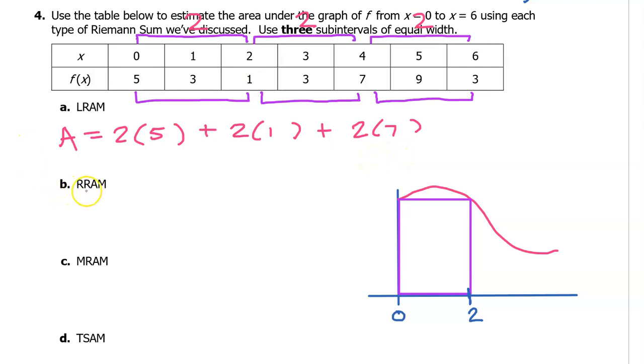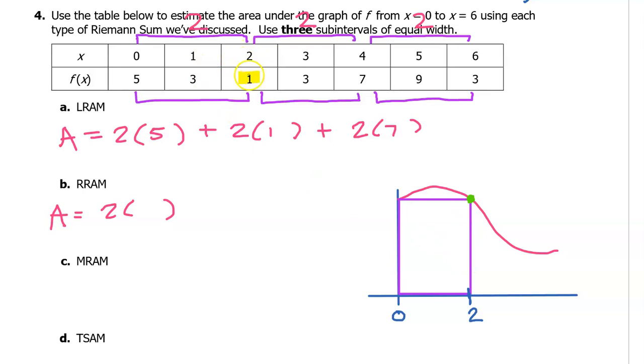What about right rectangle approximation method? Well, it's going to be the same thing. We're picturing a bunch of rectangles with base and height being the area. As we already discussed, the base of each rectangle is going to be 2. So it's just a matter of what the height will be. Because this is right rectangle, now it will be the right value of the function that is the height of the rectangle. In other words, we're focusing on this position right here.